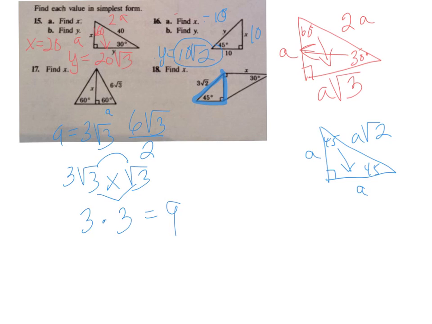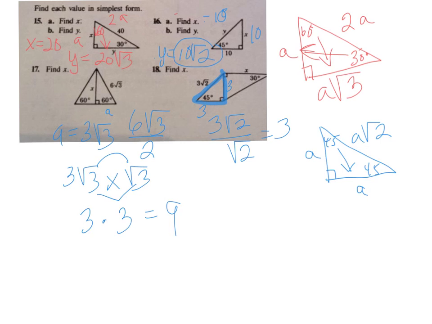In order to figure out the actual legs, I have to divide the hypotenuse by the square root of 2. So I know that 3 square root of 2 divided by the square root of 2 is just going to give me 3. So the legs are 3.